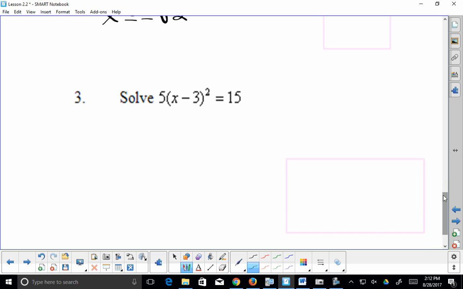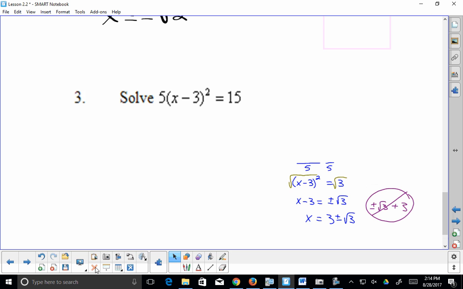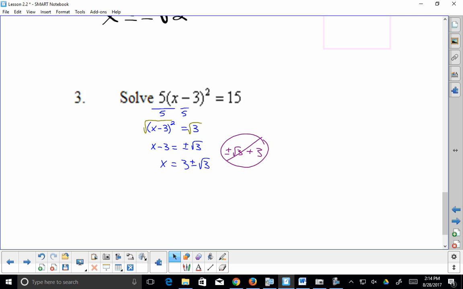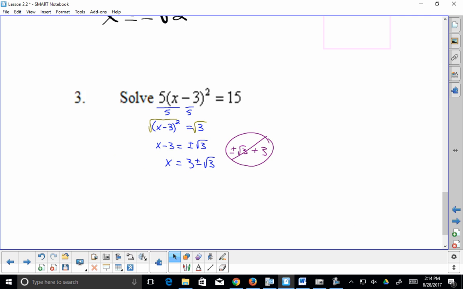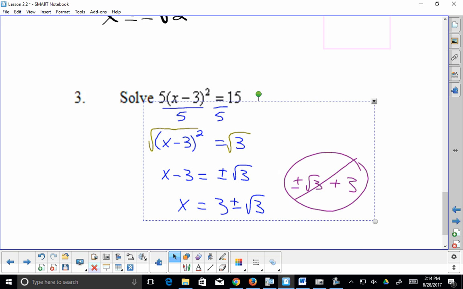All right, let's go ahead and do number 3. The big thing, again, is to take the square root of both sides and remember the plus or minus. This one is 3 plus or minus the square root of 3.